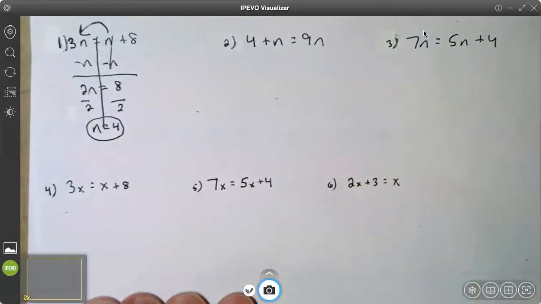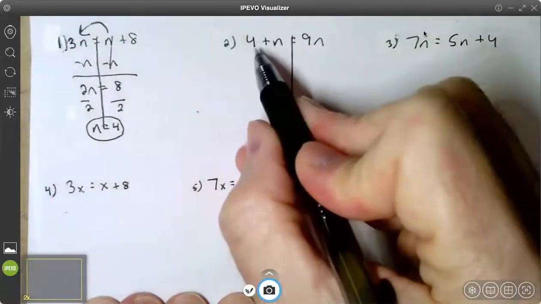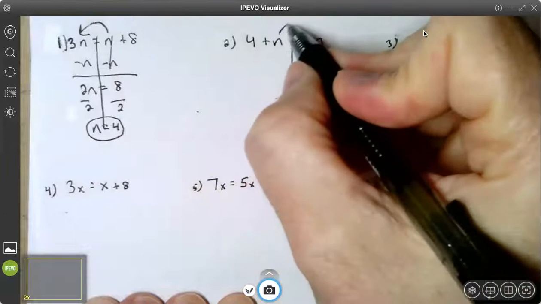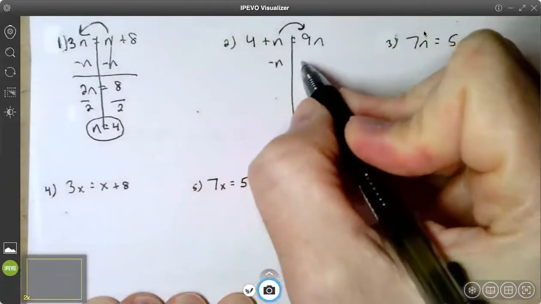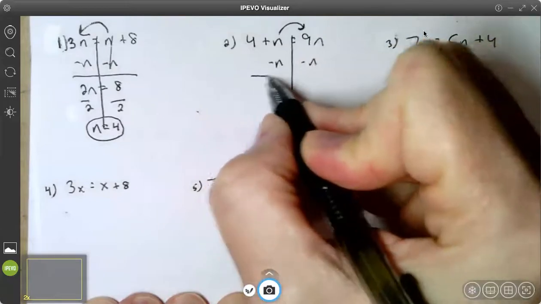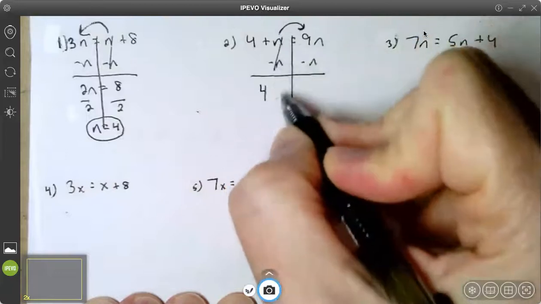Let's try number 2. On number 2, I only have a constant on the left, so I'm going to move my variable away from that constant. I'm going to move it to the right by subtracting 1n from both sides. My 4 comes down. n minus n is nothing.